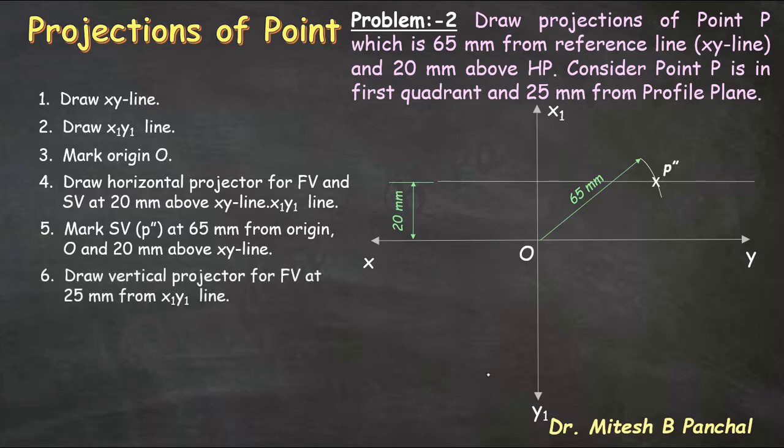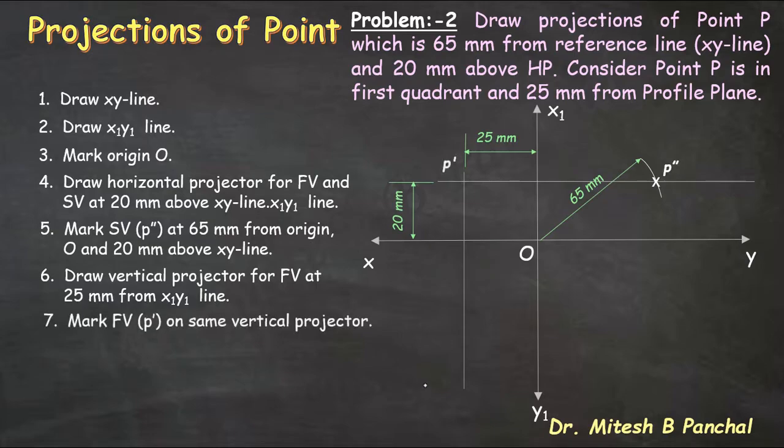Now draw the vertical projector for front view at 25 mm from X1 Y1 line. As point P is 25 mm from profile plane, the vertical projector for front view will be at a distance 25 mm from X1 Y1 line. So the intersection point of horizontal projector and vertical projector is nothing but the front view, that is P dash.